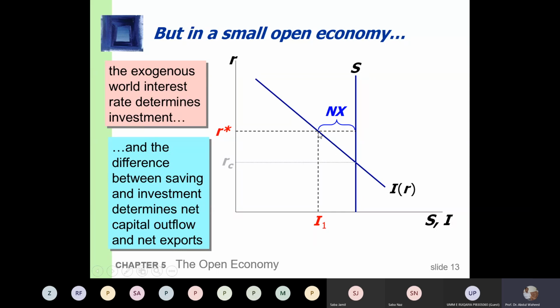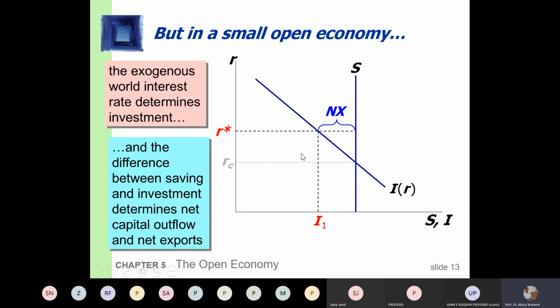This is the amount of net capital outflow if this is the world interest rate. So at this world interest rate, this much saving would be utilized by domestic investment, and there is excess saving, and this excess saving would be used for lending. So the country is a net lender in this case.